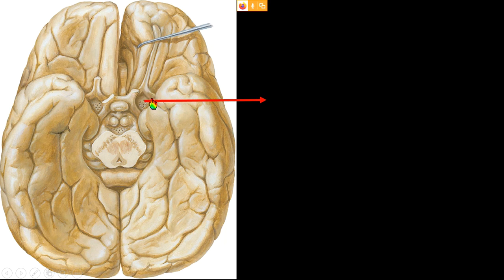The elongated area medial to the olfactory sulcus is called the gyrus rectus. This part is called the gyrus rectus.